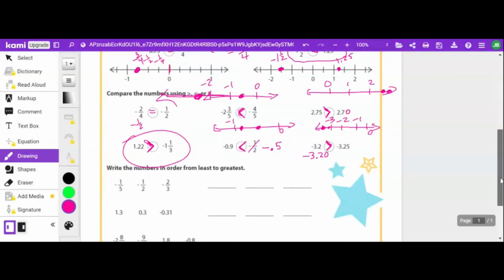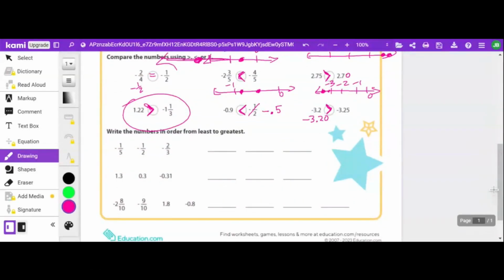All right. On this next group, we're putting the numbers in order. And in this case, we want smallest to largest. Okay. So here we have a bunch of fractions. When we were doing fractions back in our other unit, and we were putting these in order, at first we were just looking at the fractions, but then once we learned how to change fractions into decimals, we converted everything to decimals.